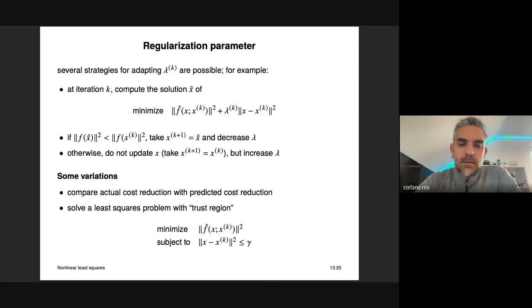Very good. Then what we want to do is tune lambda k so that we are not too fast and not too unstable. We know that if lambda k is too small, then we are unstable. If lambda k is too large, then we are too slow. So we want to be able to tune this lambda dynamically.